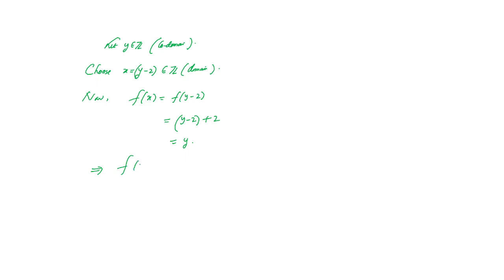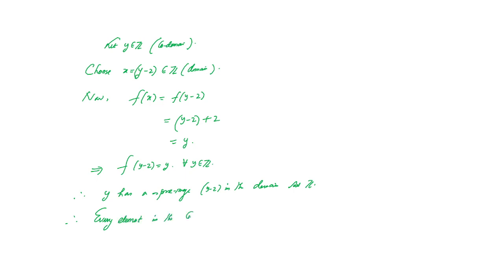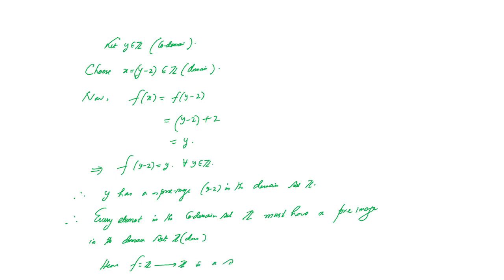So therefore, what we have seen, f of y minus 2 equals y, for all y belongs to Z. Therefore, y has a pre-image y minus 2 in the domain set Z. Thus we conclude every element in the codomain set Z must have a pre-image in the domain set Z, and hence we conclude f from Z to Z is a surjective map.